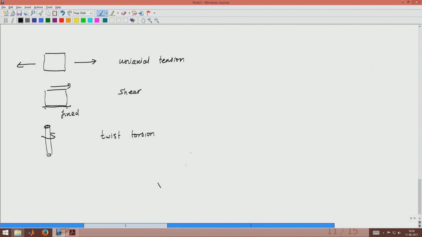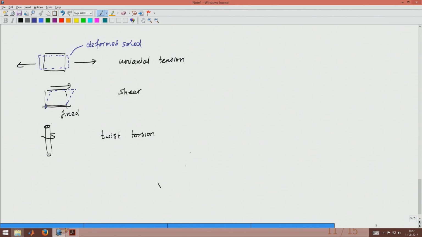If we look at what we would expect as a general deformation in the material, we could draw that: as a result of extension the material may become like this. So, this is the deformed solid. Similarly, in this case the deformed solid would be a sheared solid, and in this case the material will get twisted.